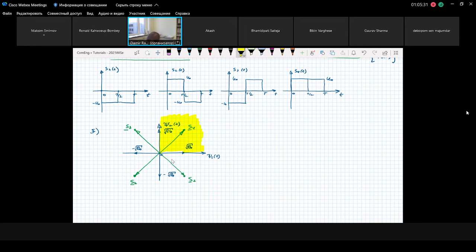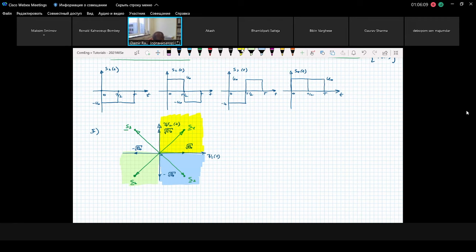So along different axes we have different borders, and with these different colors I show different detection regions. So we have 4 regions for detection.